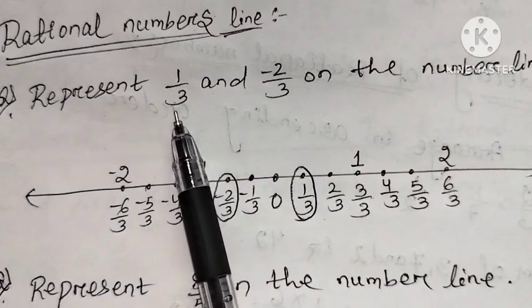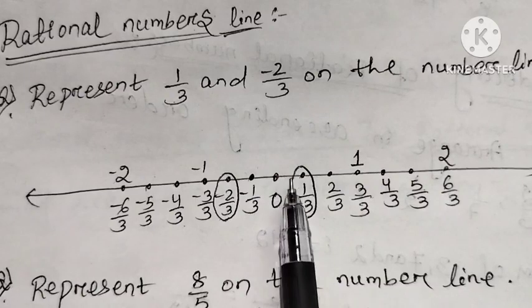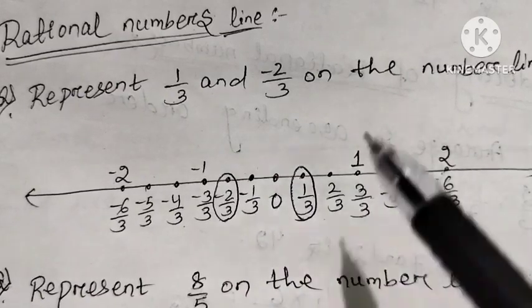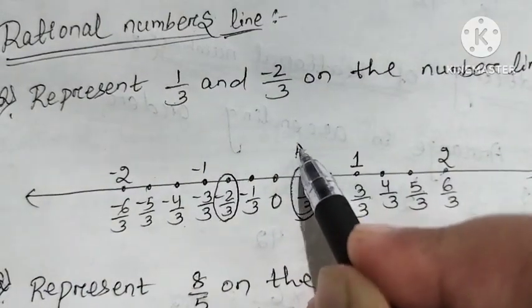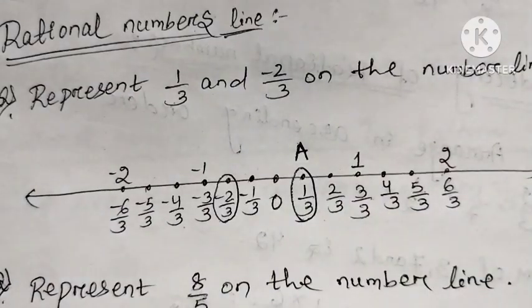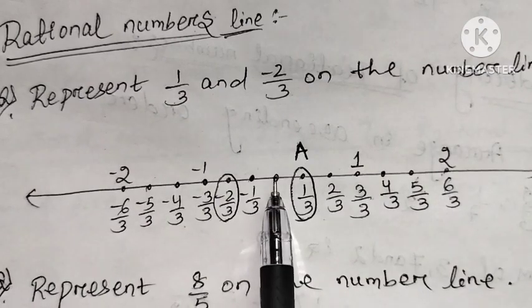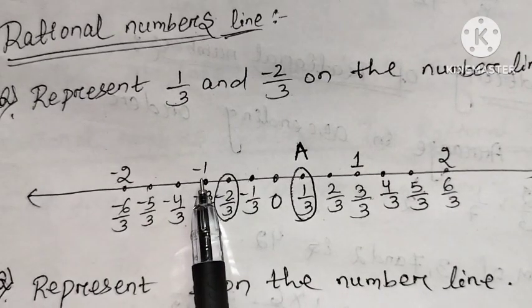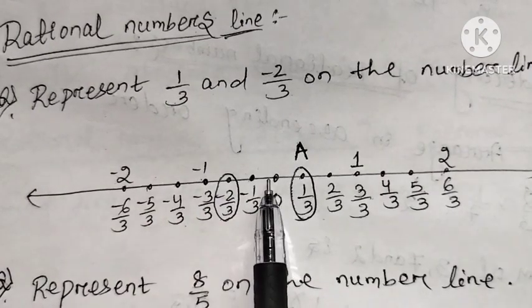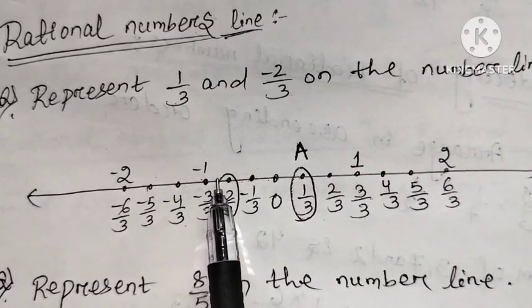The question is 1/3, so this is 1/3. You represent this one as A. Then -2/3: same thing. 0 to -1 is divided into 3 parts: first part, second part, third part.